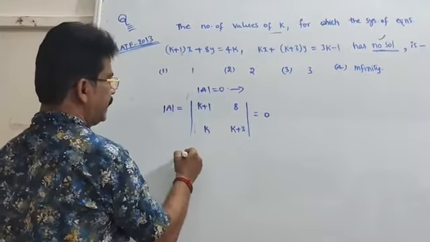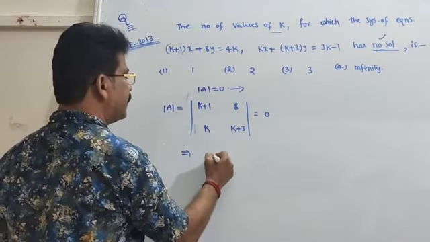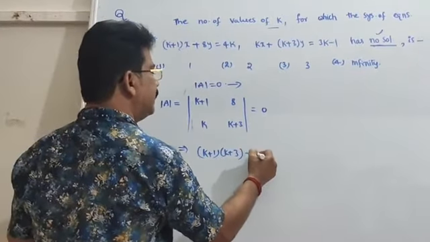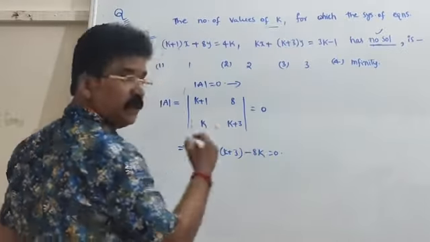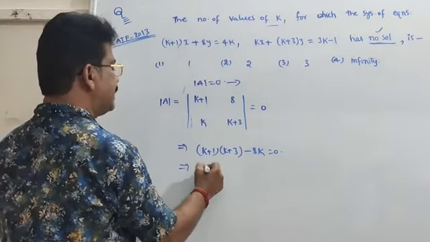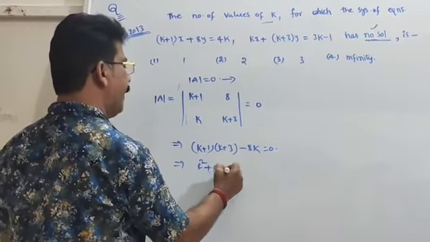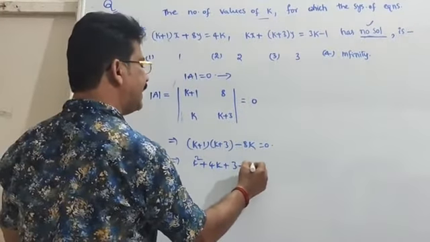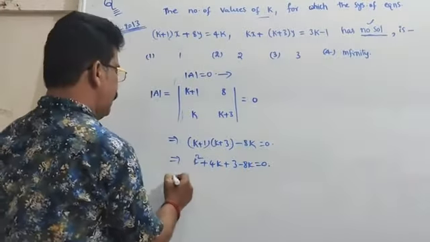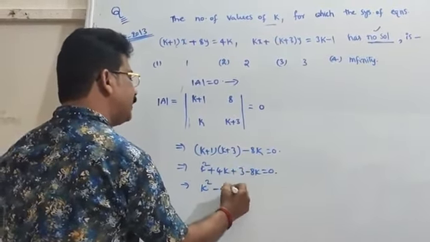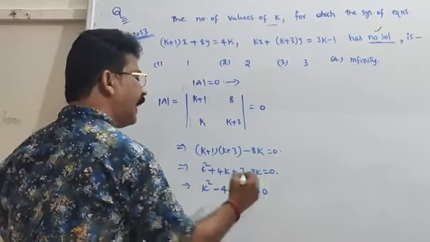Which follows that (k plus 1) into (k plus 3) minus 8k is equal to 0. So that implies k square plus 3k plus k plus 3 minus 8k is equal to 0. Gradually we are obtaining a quadratic equation in terms of k.